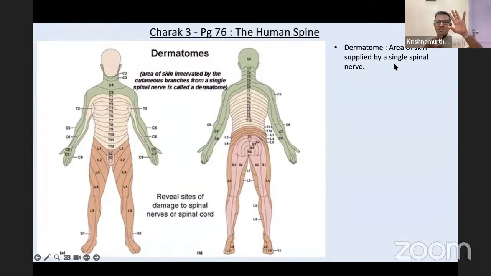Okay, say there is some area of the body on the skin. It requires supply from the nerves, right? From the spine. Say your face is there, your cheek is there. Does it require nerve impulse from the spine?